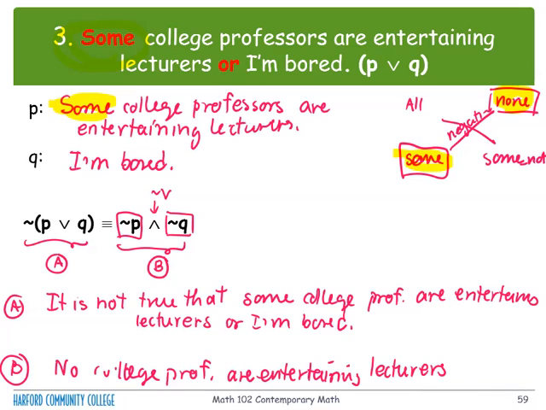The or becomes and, because the negation of or is and, and the negation of Q: I am not bored. So there are two different ways to write the negation of the compound statement, and they are equivalent.